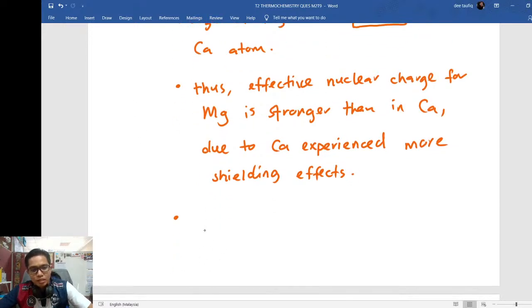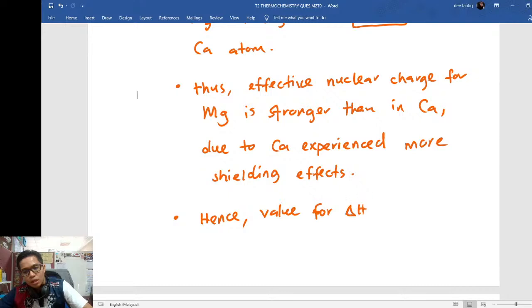So the conclusion, hence the value for delta H2 of magnesium will be larger than calcium.